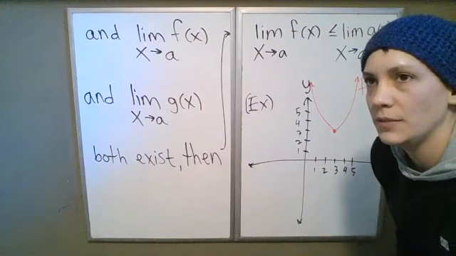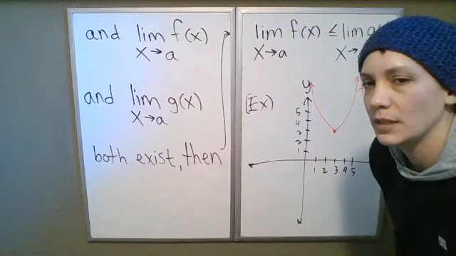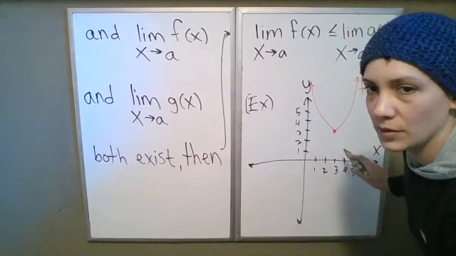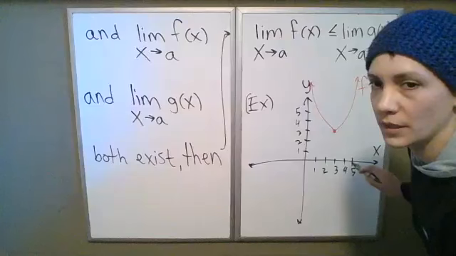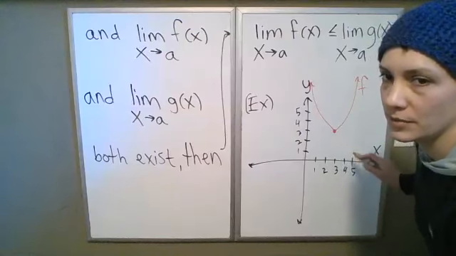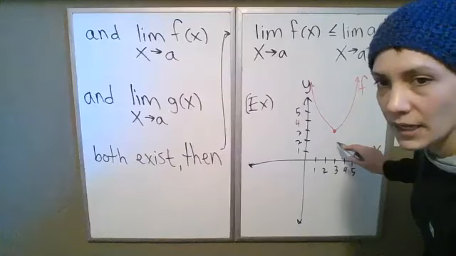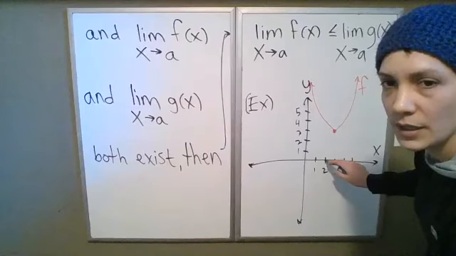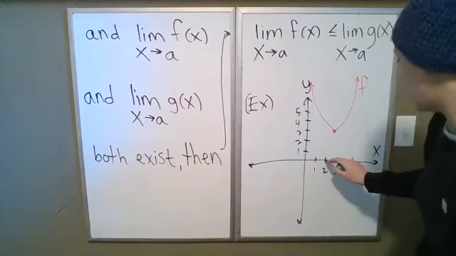Let's do g of x as a curve, like a half circle from 2 to 4 touching the x-axis, with a peak at 2, 2.